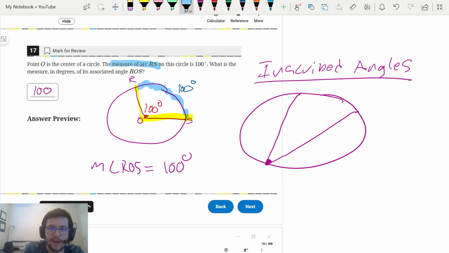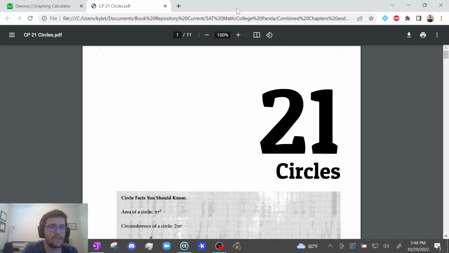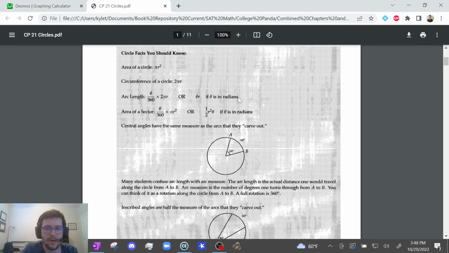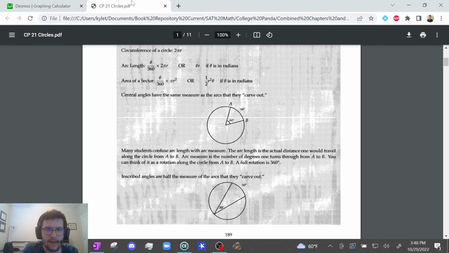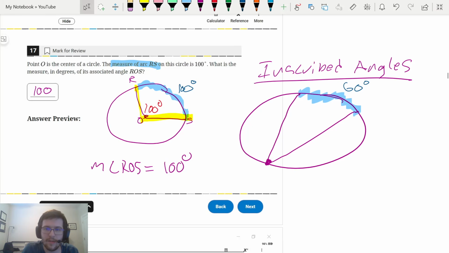So the measure of this arc, let's say if that were 60. Let me just check to make sure I have this right real quick. So yeah, if that were 60, then the angle in here would be half, 30.